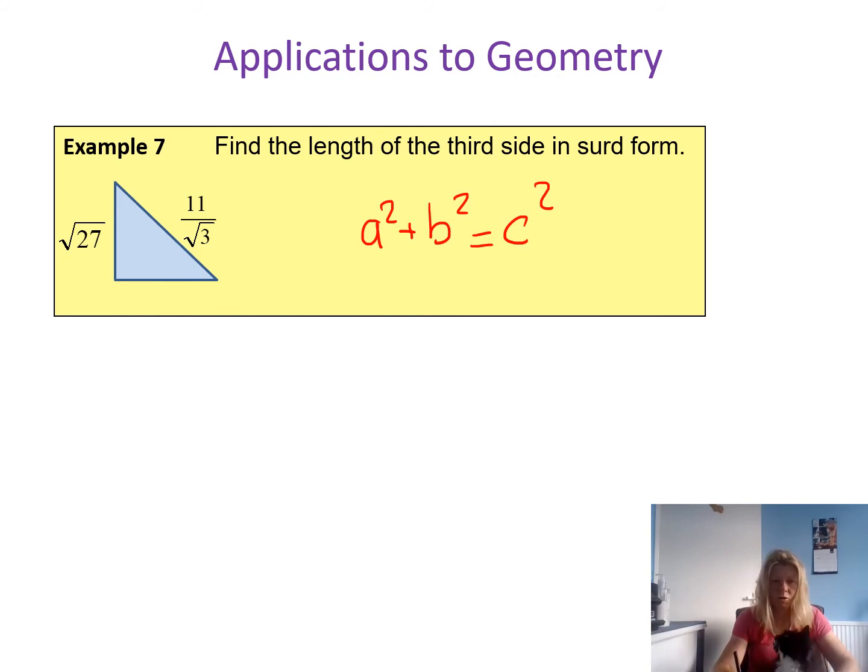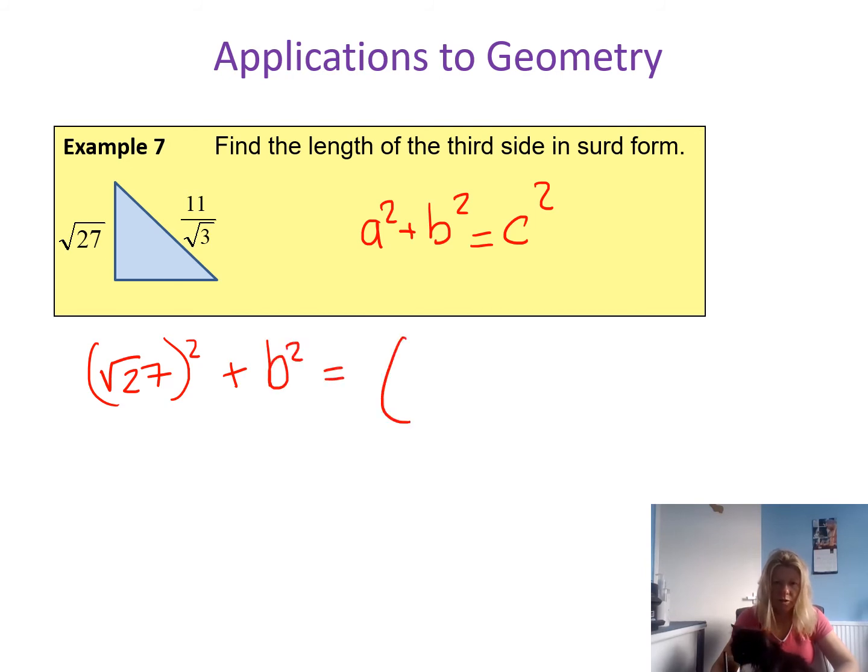So what we've got to do here, we've got root 27, that's the length, got to square that, plus some unknown, which we want to find. Should we call it x? You could call it b if you wanted. I'll call it b. b squared equals this thing squared.